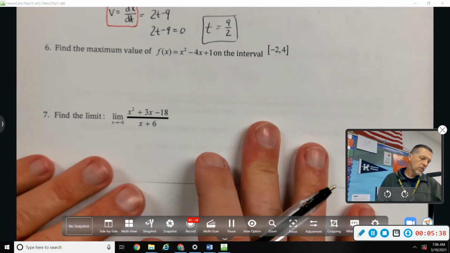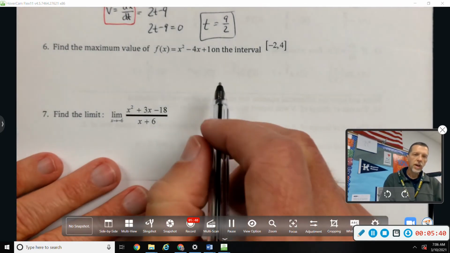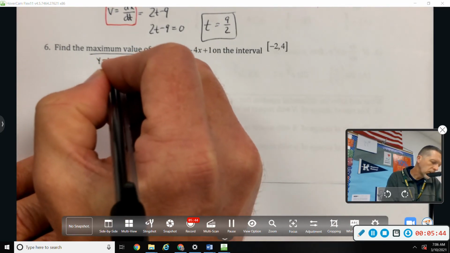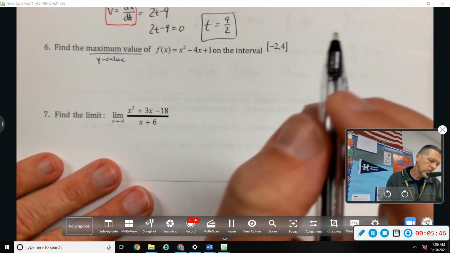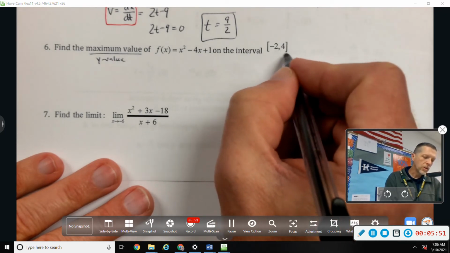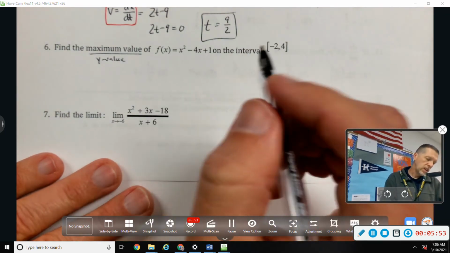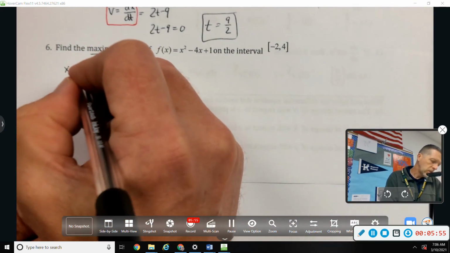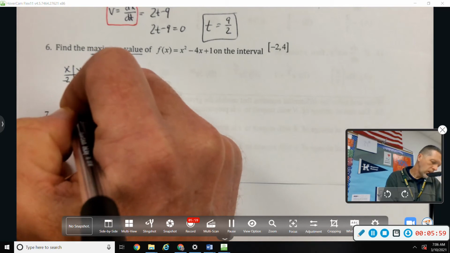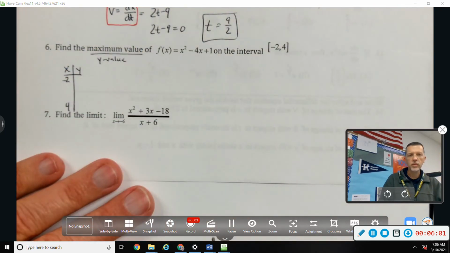6 and 7, further review questions. Find the maximum. So the maximum value, that means find the y value of this function on this interval. So on an interval means I better include the endpoints when I'm checking. So table of values, -2 and 4, and whatever critical points we find in there.